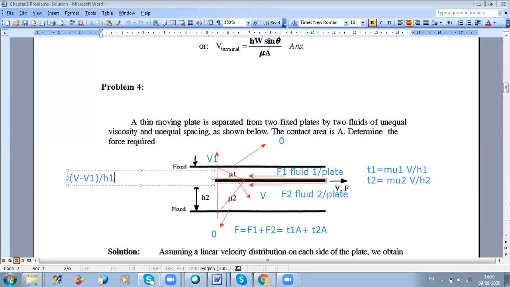So you go back to the formula. It's the same concept. Okay, same thing, but instead of minus 0, you put minus V1. Exactly. And V minus V2. And of course, pay attention. If V1 is in the same direction as V, you put V minus V1. If V1 is in the opposite direction, it will be V plus V1.